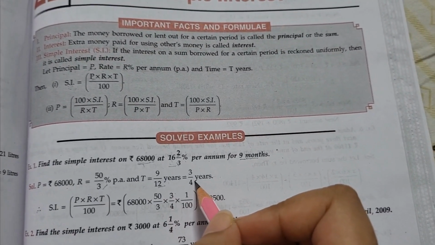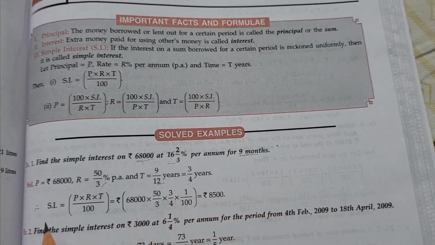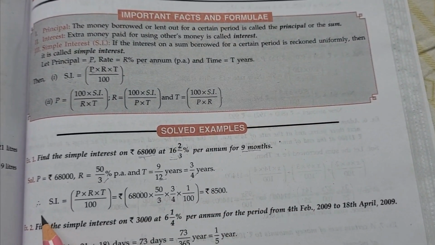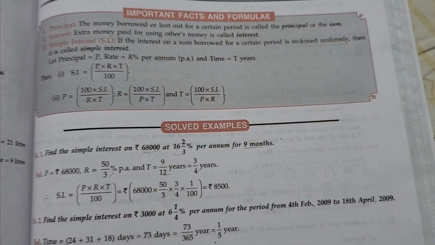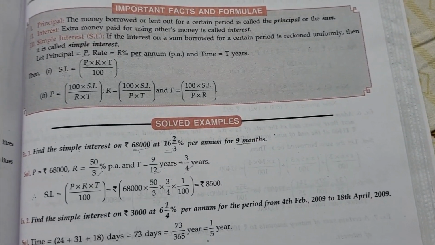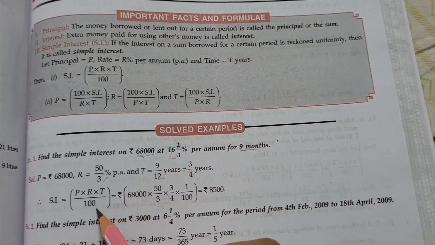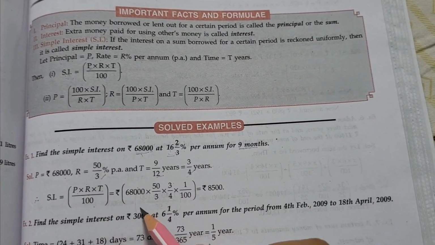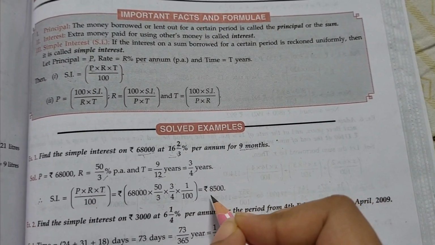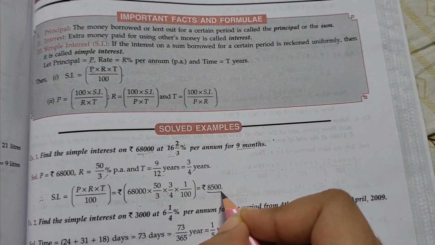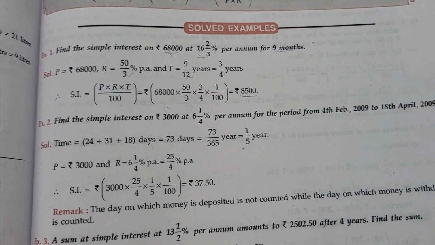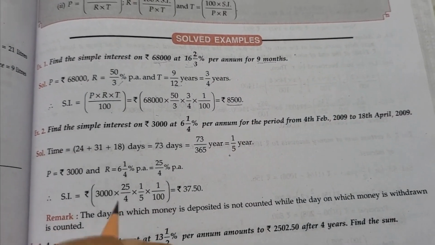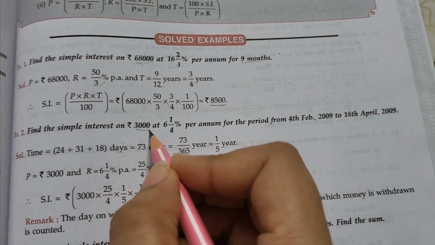On simplifying, we get 3 by 4 years. Similarly, the simple interest SI is equal to PRT by 100. Putting the values of P, R and T and simplifying, we get that the simple interest is 8,500.